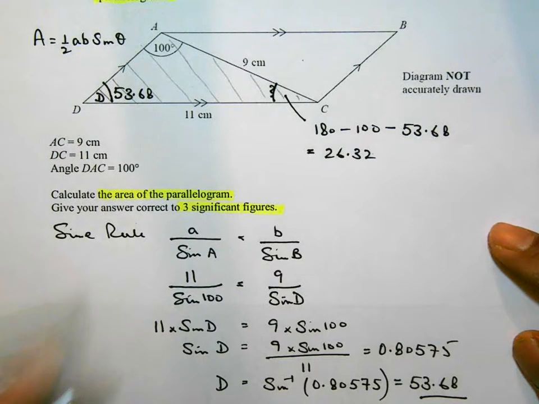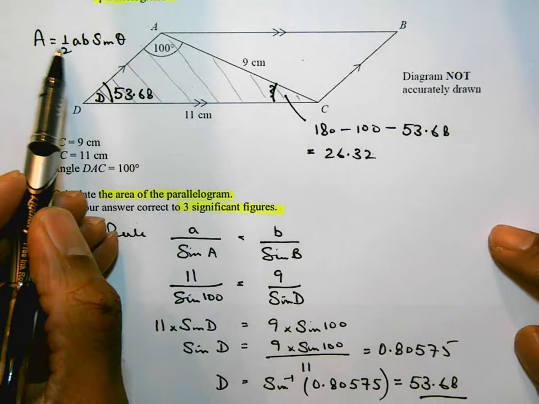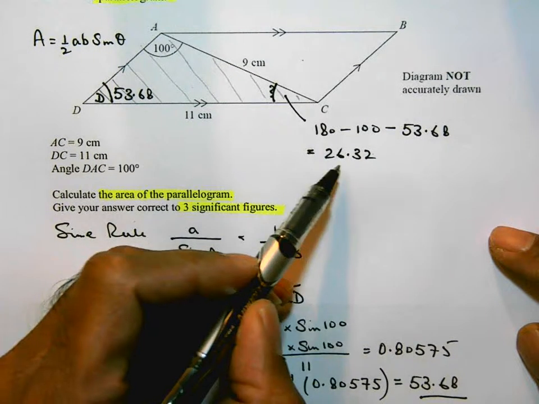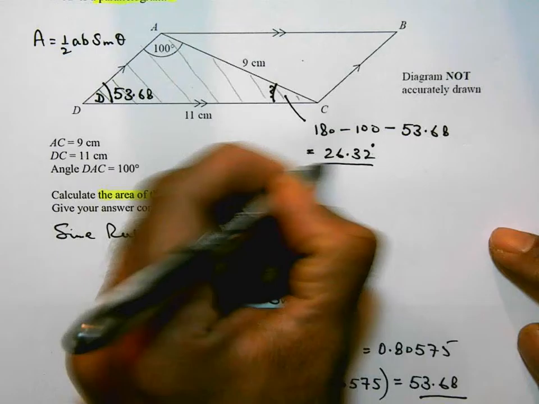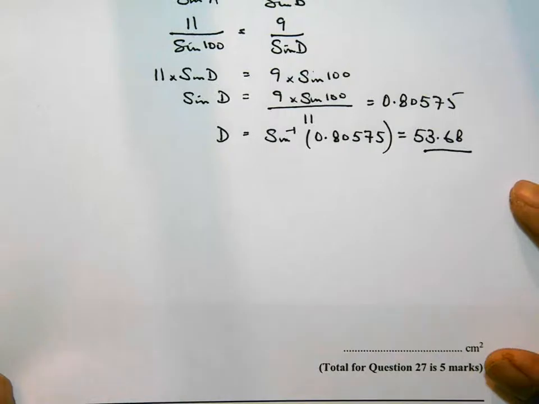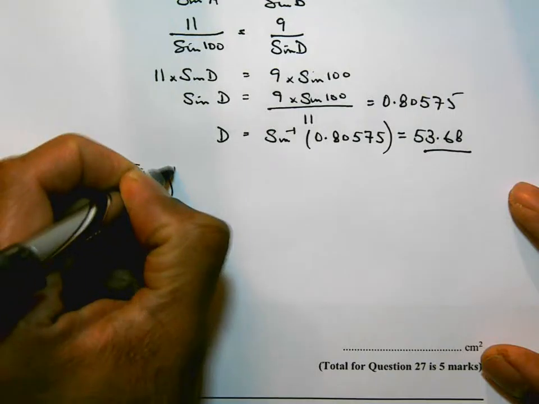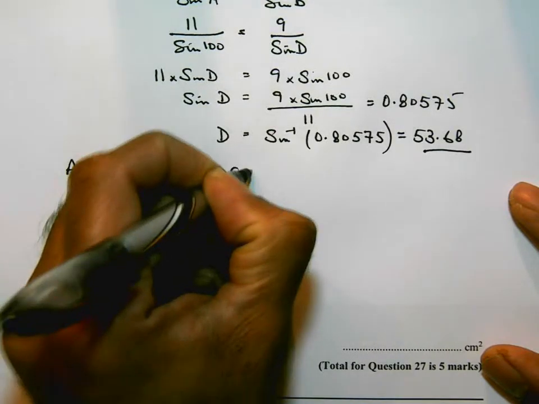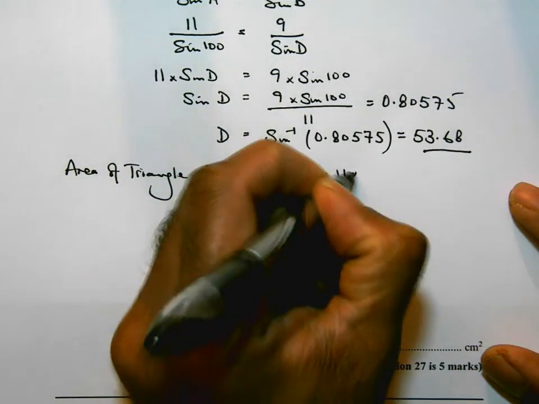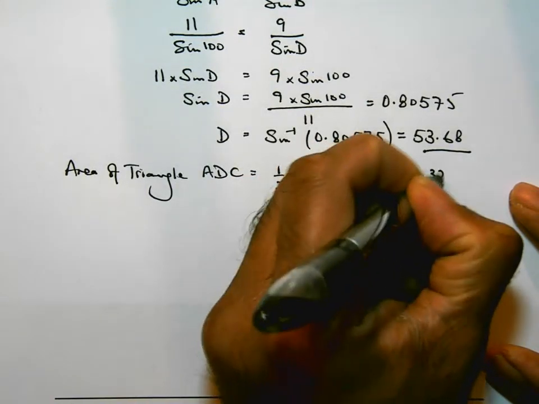So to work out the area of this triangle ACD, I'm going to do 1/2 times 9 times 11 times sine of 26.32 degrees. Let's do that. Area of triangle ADC is 1/2 times 9 times 11 times sine of the angle between them, which we just worked out was 26.32.